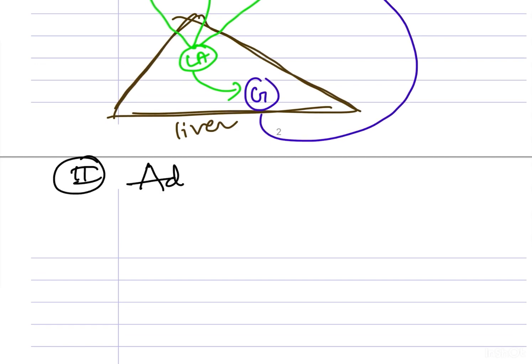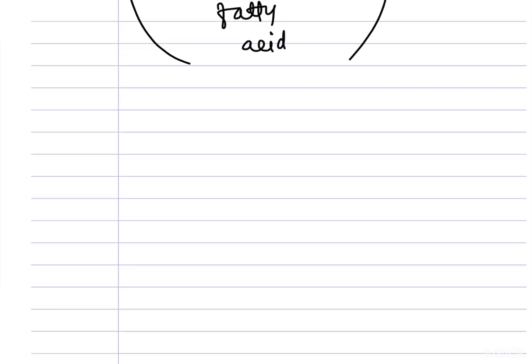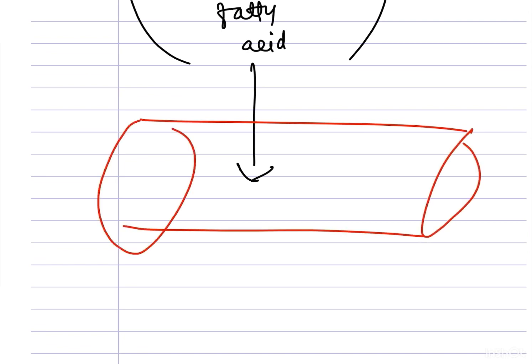Now what will happen in the adipose tissue, the fat? We know that in the adipose tissue we have triglycerides, and this triglyceride will convert into fatty acid, and this fatty acid will enter into our blood vessel.